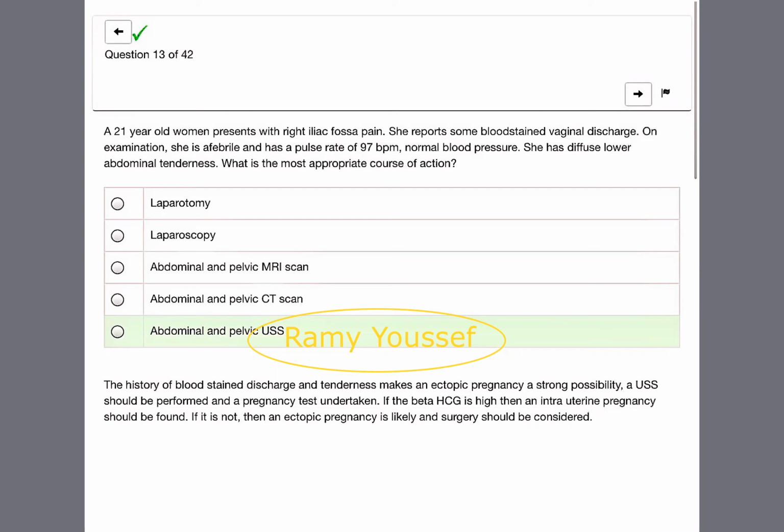If he tells you the patient has right iliac fossa pain, this will be PID.